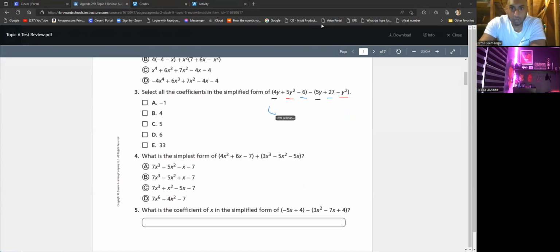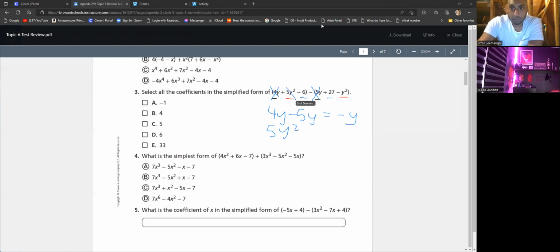So what's 4y minus 5y? How much? 4 minus 5. Yep, negative 1. Negative y, right?